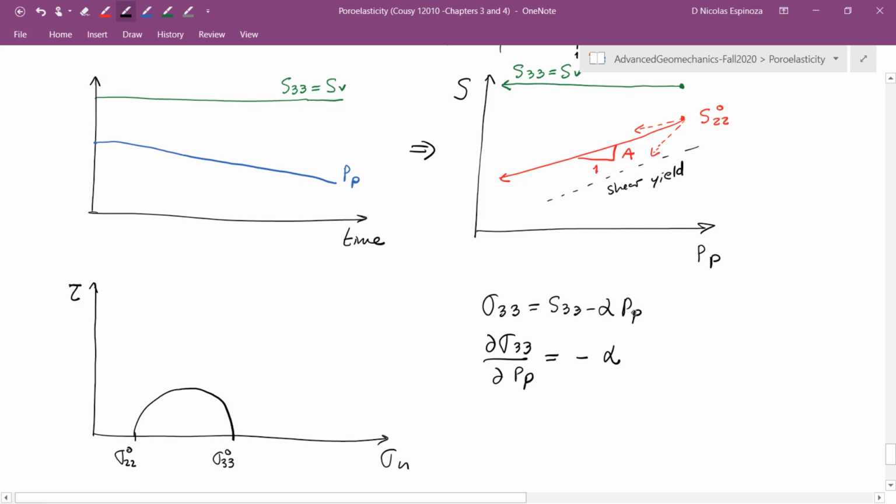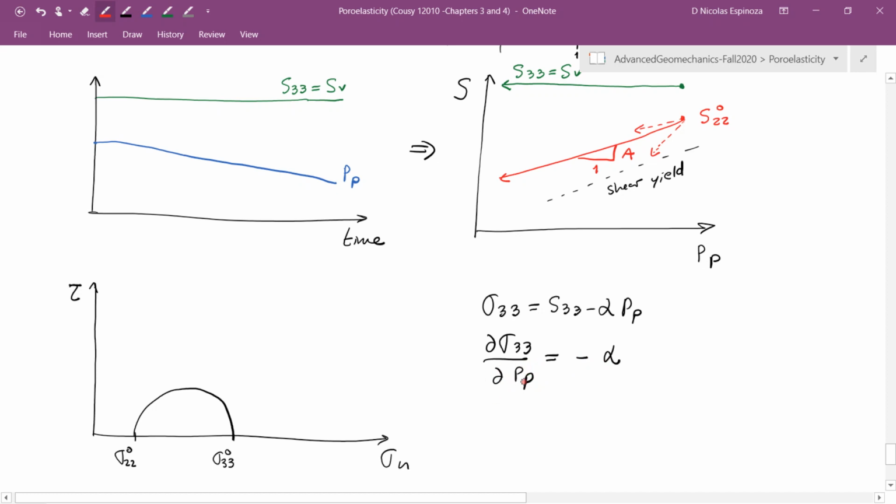S33 doesn't change, pp is the variable, so that is negative alpha. What that means is that when I apply a change of pore pressure, sigma 33 is going to move an amount negative alpha times pp.